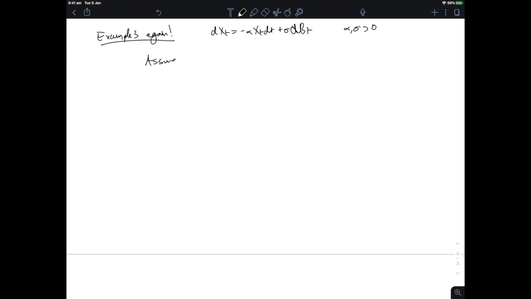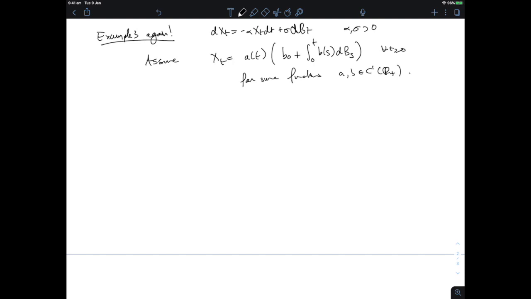I'm going to assume that X_t is of the form of some deterministic function a(t) times some number b_0 plus the integral from 0 to t of b(s) dB_s, for some functions a and b that are just deterministic functions of t.